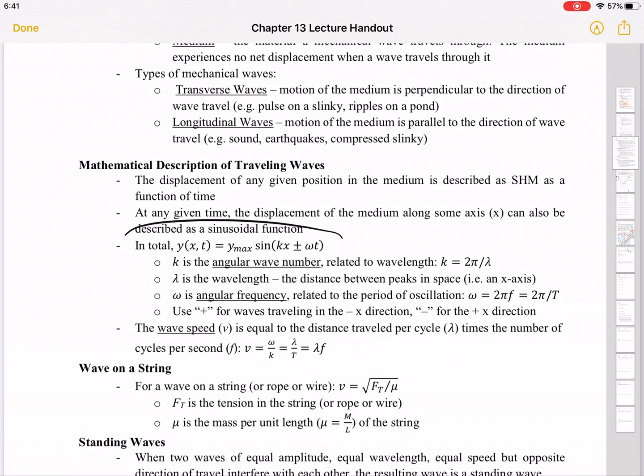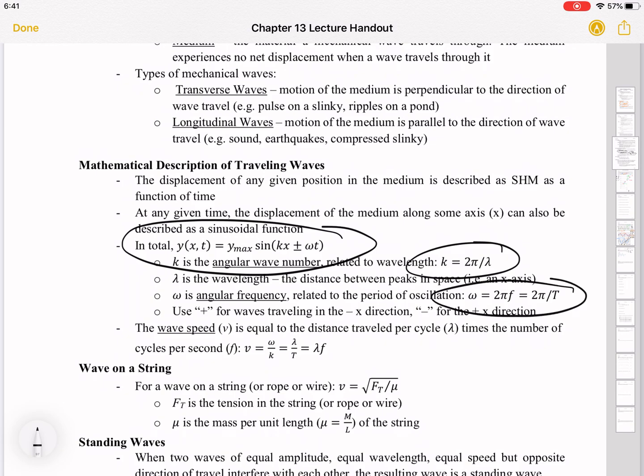This has a sign, but again, it doesn't matter. There's your kx. The k equals 2 pi over lambda. Here's your omega. And the wave speed description: again, lambda over T, lambda times frequency, and it looks like you can also do omega over k.